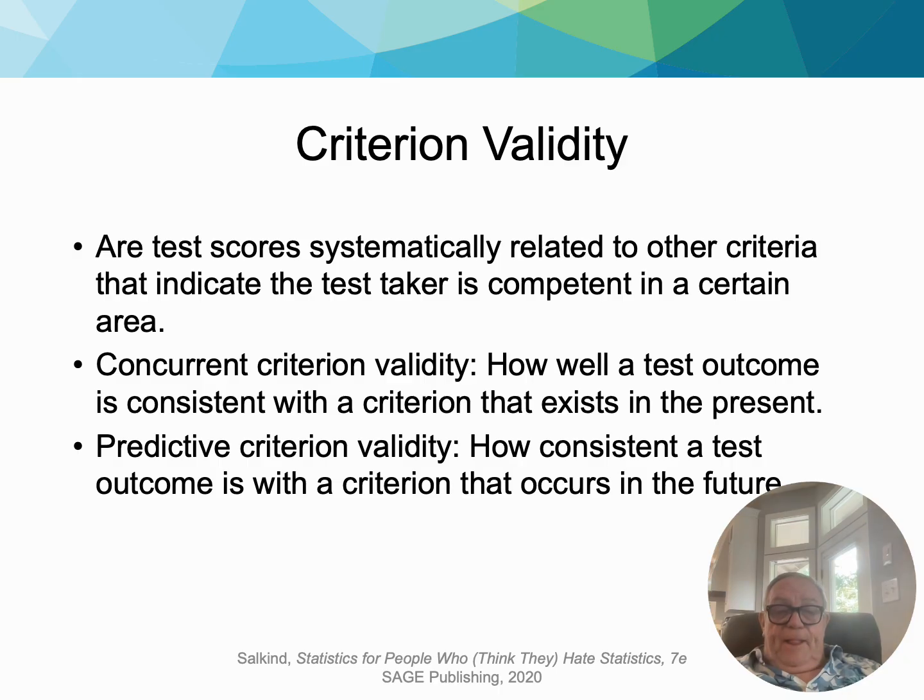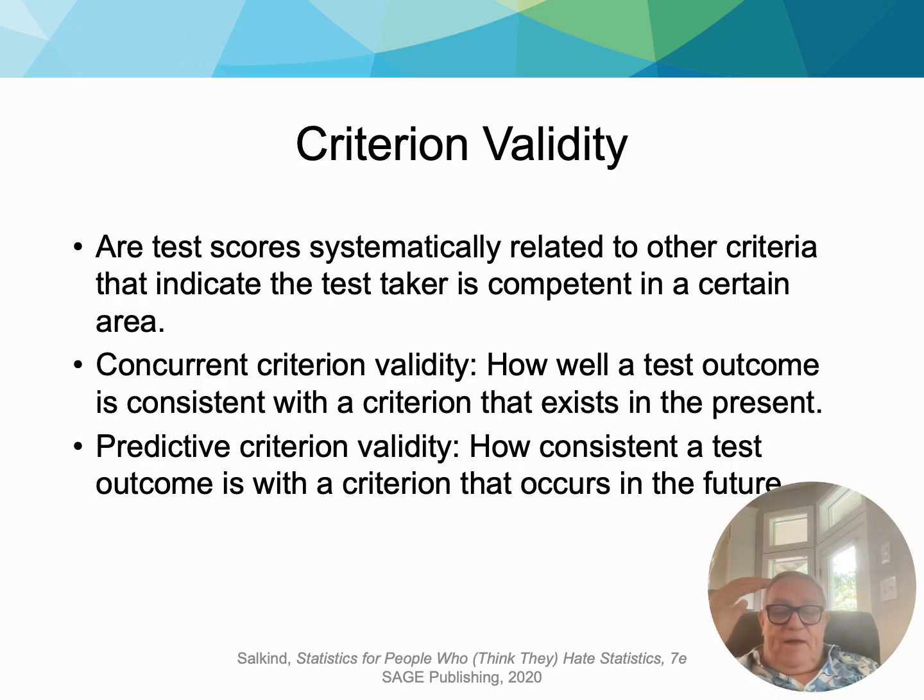Criterion validity: are the test scores systematically related to other criteria that indicate the test taker is competent in a certain area? Concurrent criterion validity is how well a test outcome is consistent with a criterion that exists in the present. And then we already talked about predictive, how consistent a test outcome is with a criterion that occurs in the future.